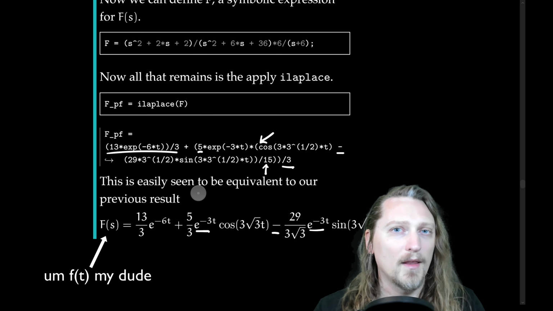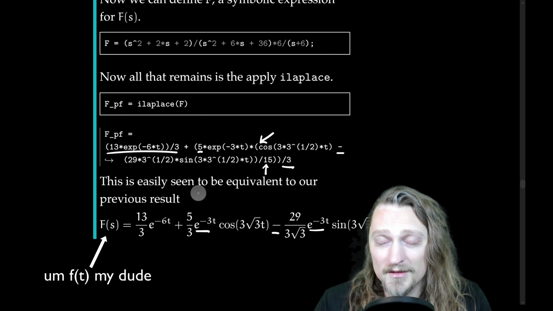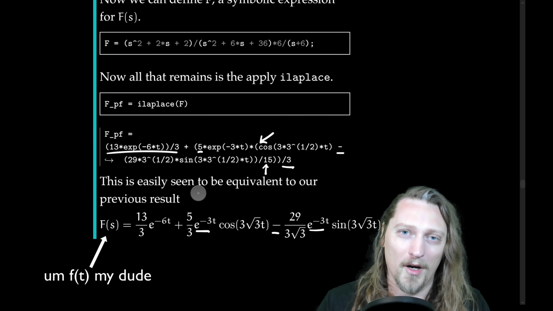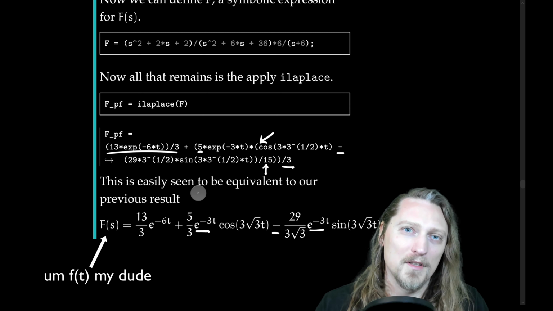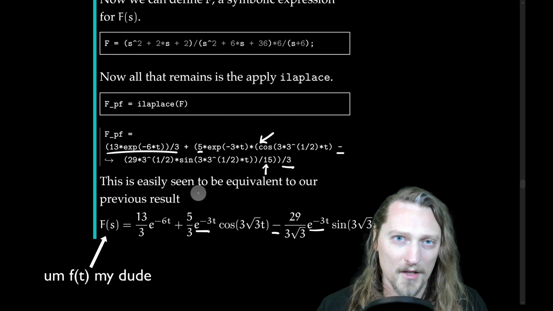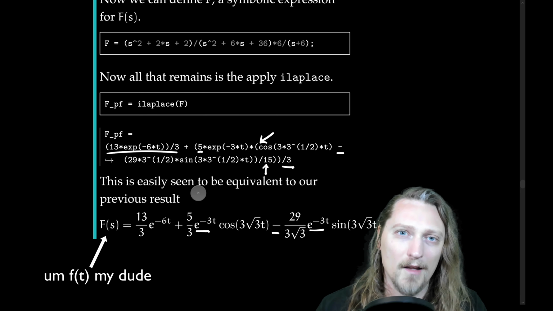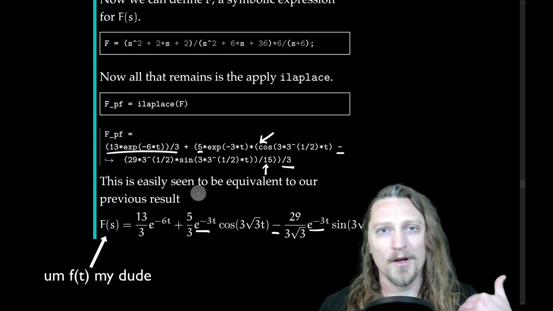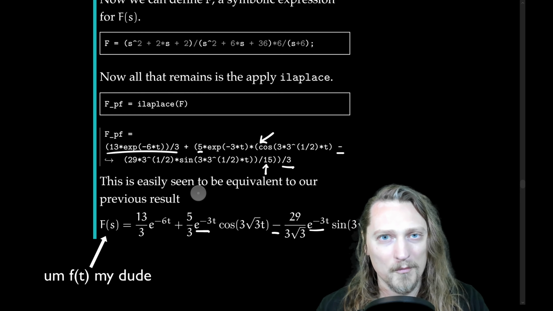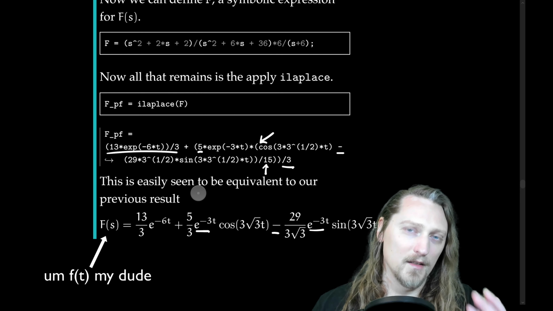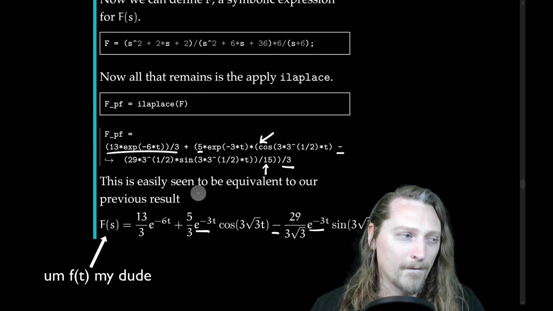Great. And then we figured out how to use the tables, the first example, along with partfrac. And now here we're using just ilaplace to find the inverse Laplace transform. All these are really valid and practical tools for finding the inverse Laplace transform, which tends to be much harder than the Laplace transform.